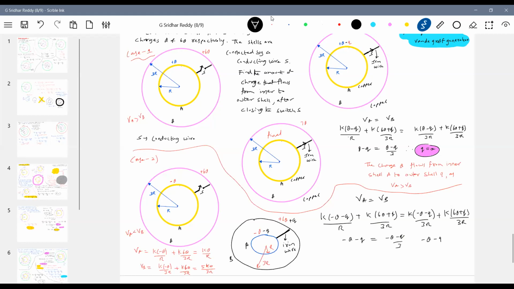So this minus Q should be equal to 0. So therefore, what should be the charge Q? It should be equal to minus Q. So how much charge has flown? The whole negative charge will flow to the earth.